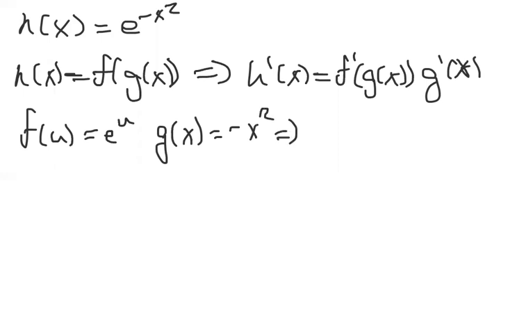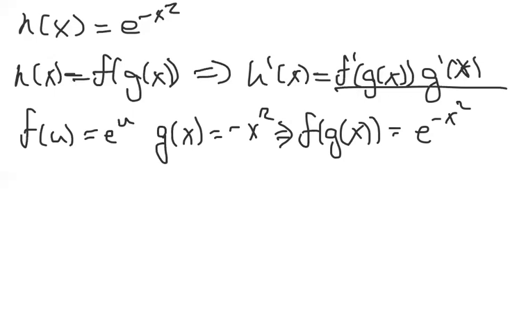Then this implies that f of g of x is the desired e to the negative x squared, which is equal to our h of x. So then in our case, our h prime of x is going to be equal to this f prime of g of x times g prime of x.